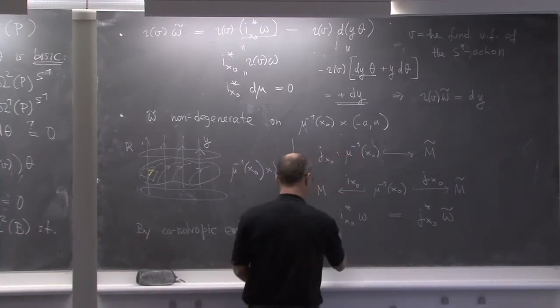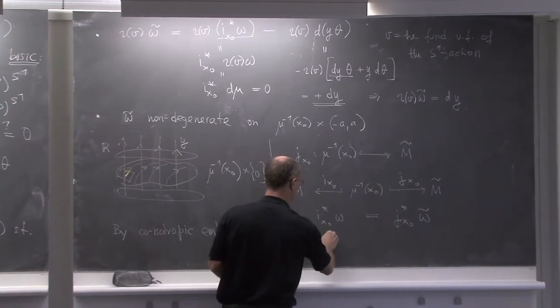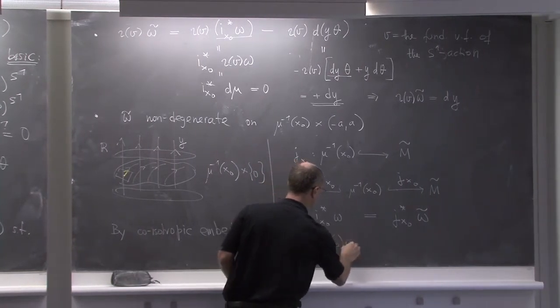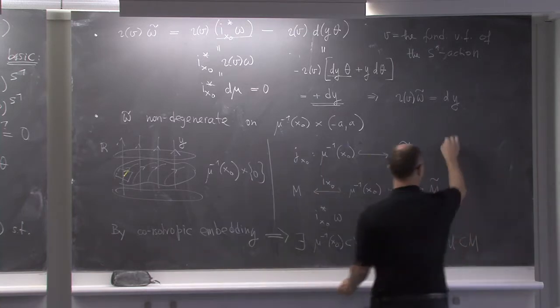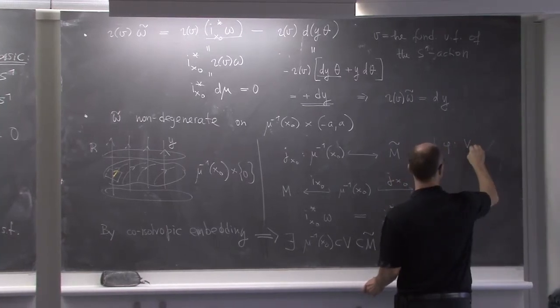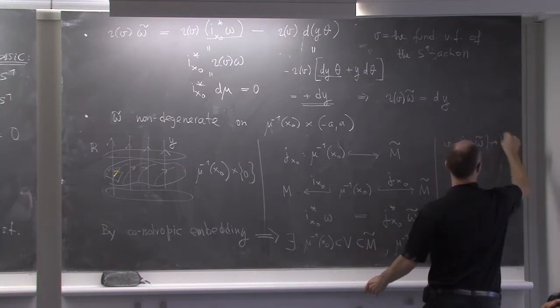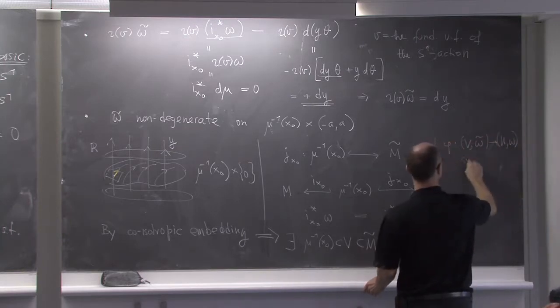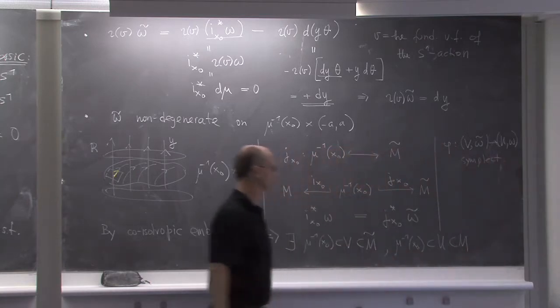So there is a neighborhood V in M tilde and in M, and phi from V, omega tilde to U, omega, a symplectomorphism.